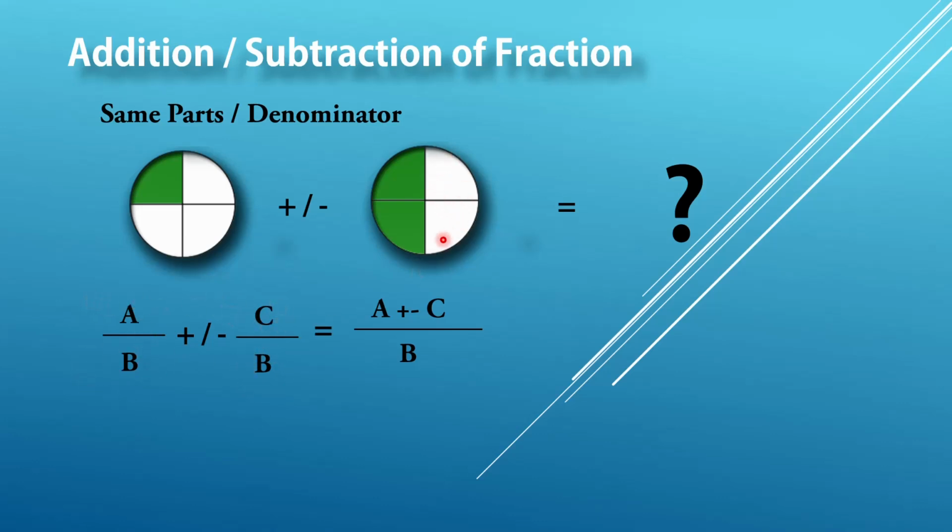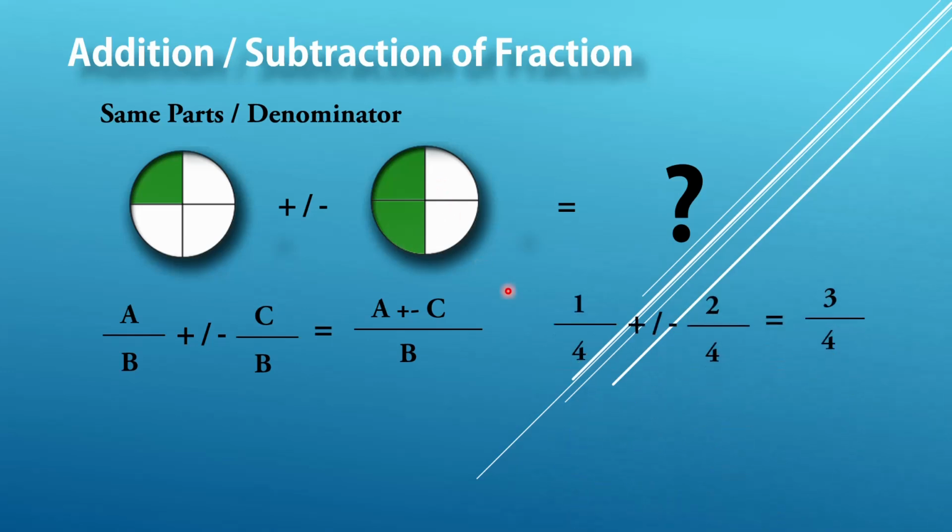The rule says if the denominator is same, then we can directly do addition or subtraction: a plus or minus c, divided by b. So if I have taken 1 and the next person has taken 2 pieces, how many pieces are there? 1 by 4 plus 2 by 4 means 3 by 4.